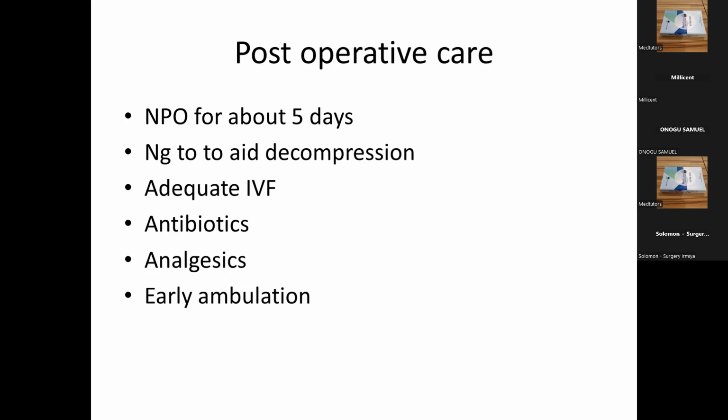Also, adequate IV fluids is paramount, as this ensures proper blood supply and perfusion of your anastomotic edges, as we noted earlier that it's an important factor to promote bowel healing and recovery.